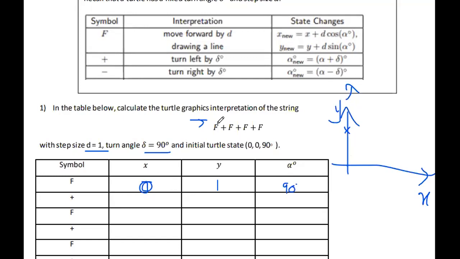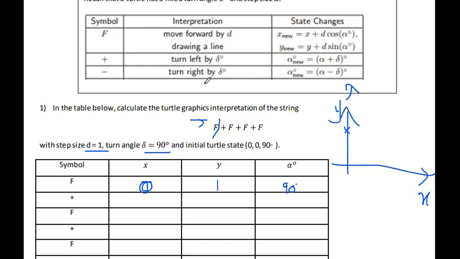The next character, when you read this word from left to right: we have done the first character. The next one is plus.